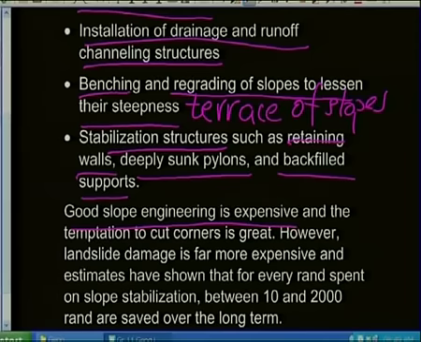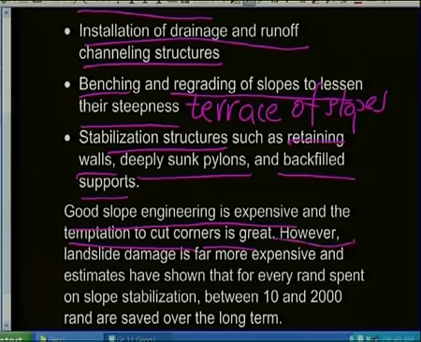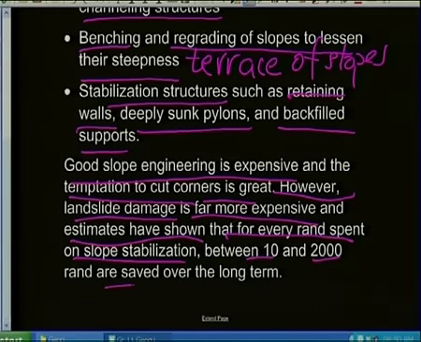Good slope engineering is expensive, and therefore the temptation to cut corners is great, especially where we see the impacts of landslides. We should remember those types of engineering have cut corners and not fulfilled the correct geological studies. However, landslide damage is far more expensive, and estimates have shown that for every rand spent on slope stabilization, between 10 and 2,000 rands are saved over a longer term.